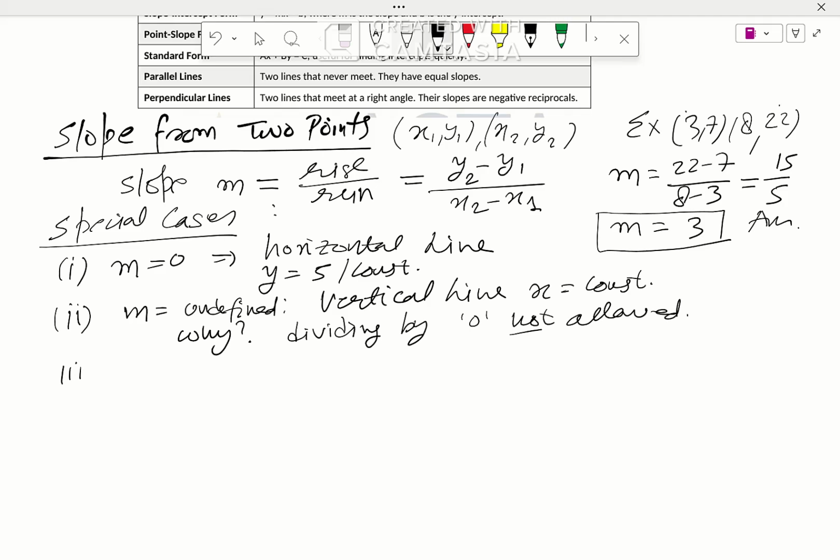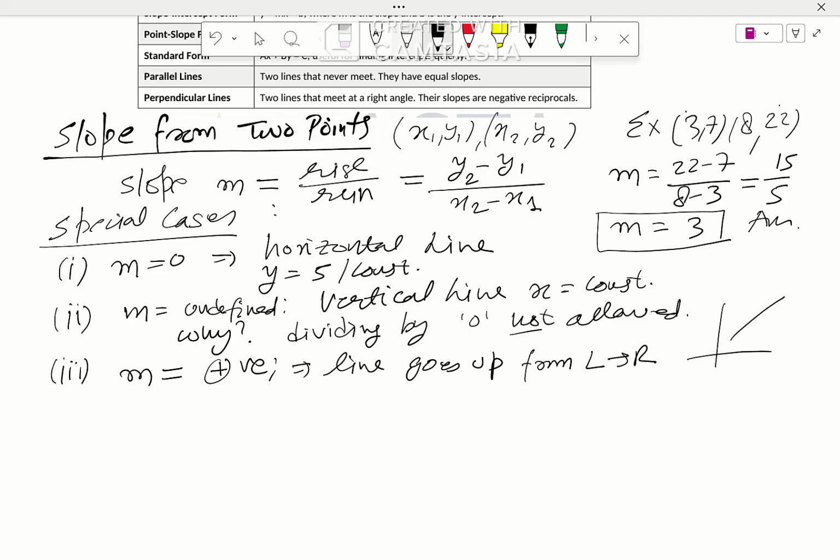Then we can have another special case in which the value of m is positive. That means the line goes up as we go from left to right. It will be something like this.